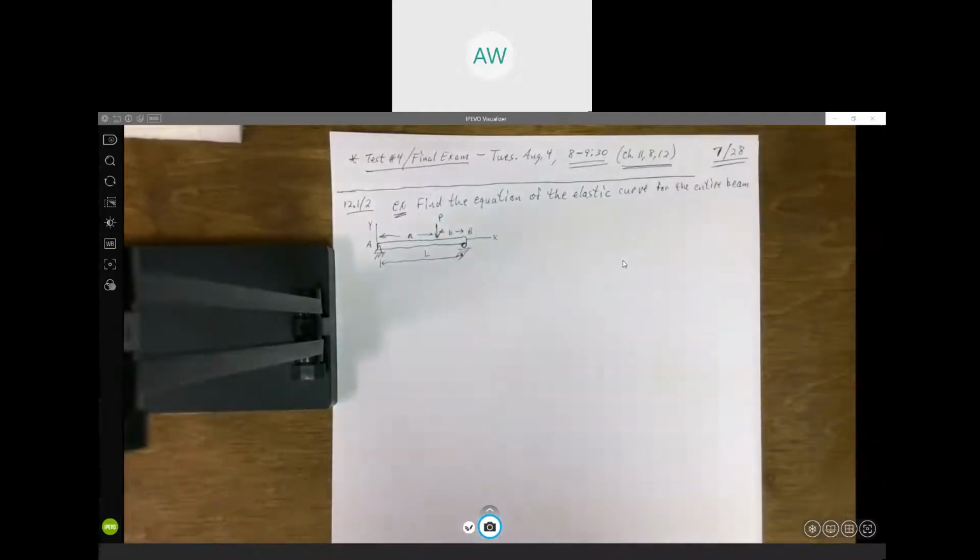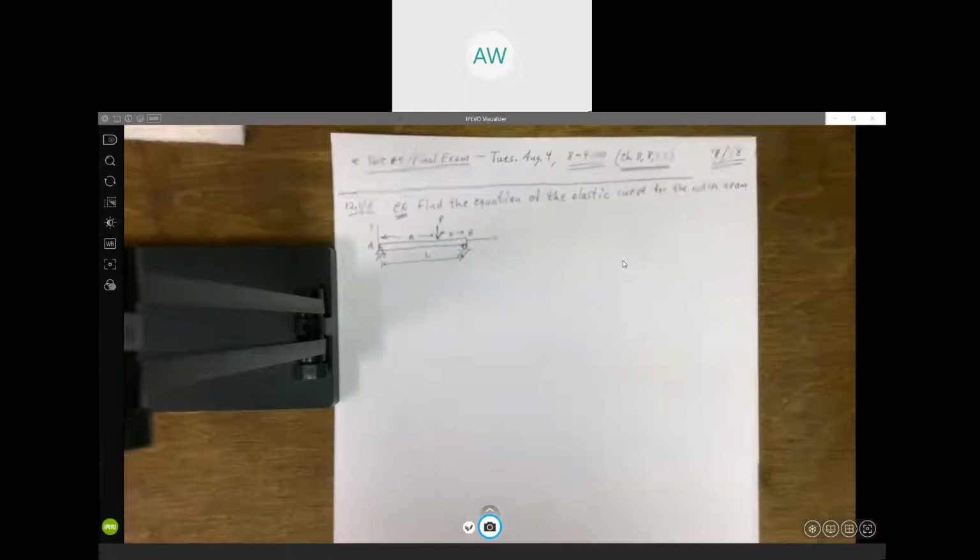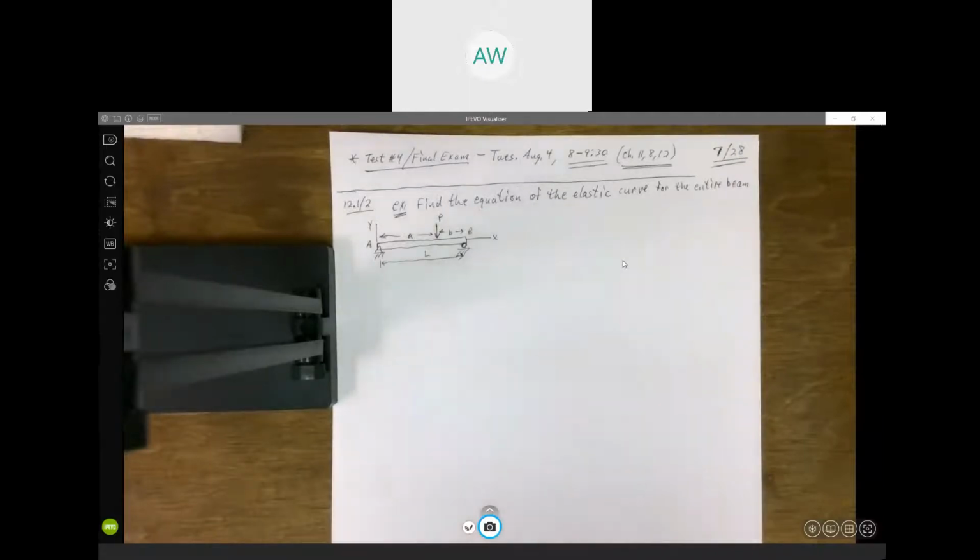In fact, if you look at the one we did yesterday, we had this triangular shaped distributed load acting on the beam. You would look at it and think, well, that would be more complicated than this, because this is just a simply supported beam with one force somewhere acting along the beam.